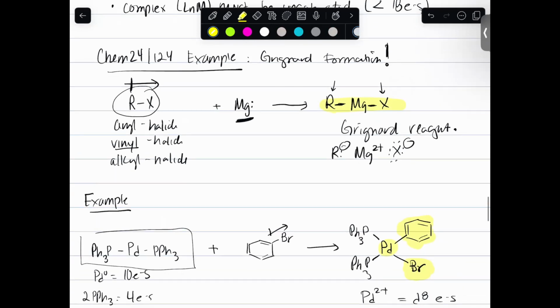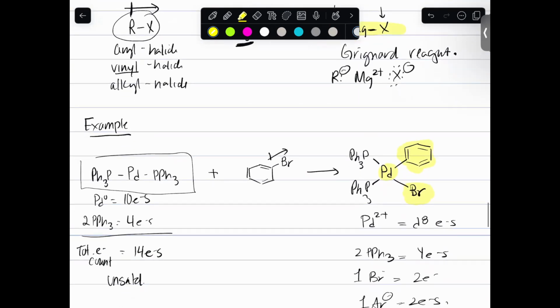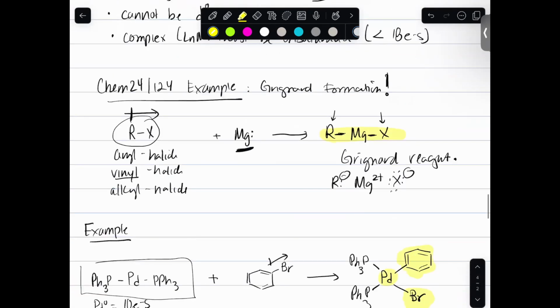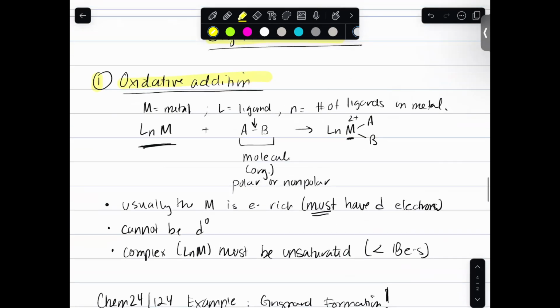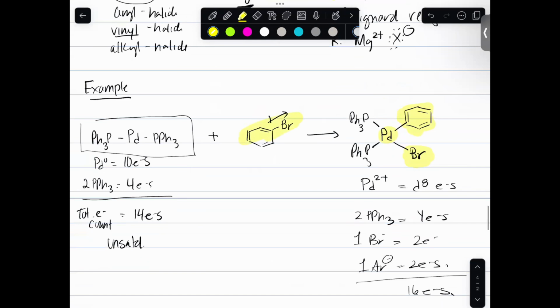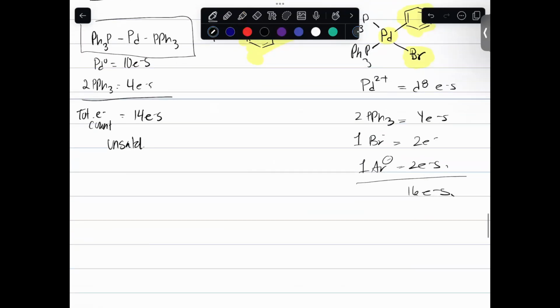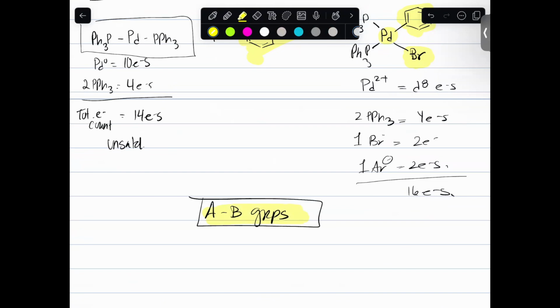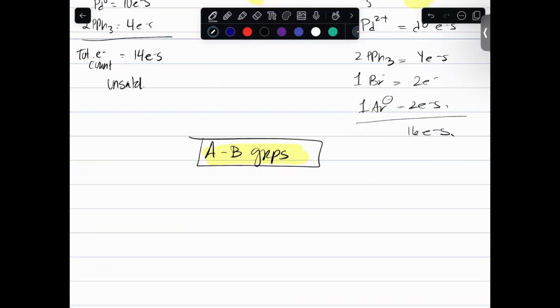So let's talk about the groups it inserts in between. Let's talk about our AB groups. I've shown you an example of an aryl bromide. We said that they could be nonpolar or polar. Let's talk about the polar groups because they're the most popular.